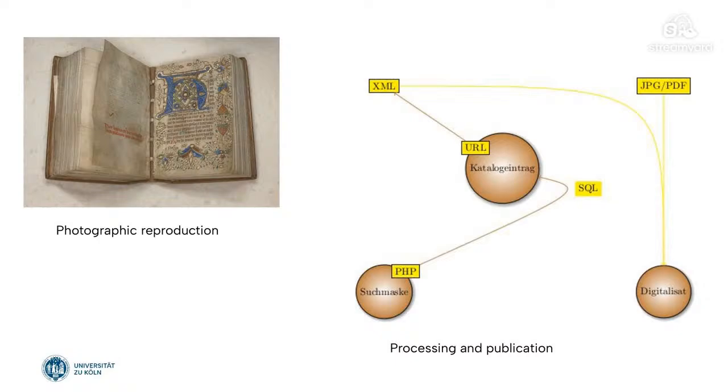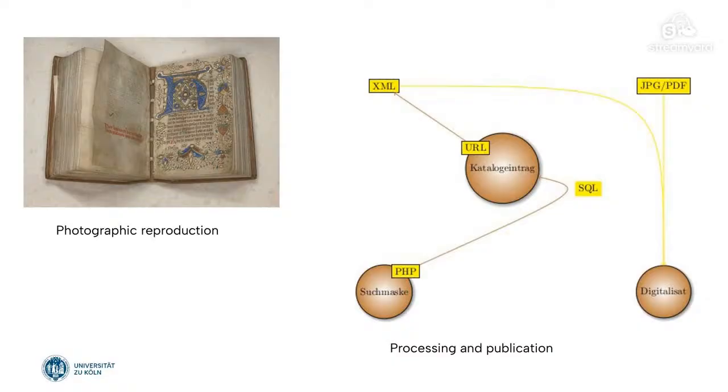If we want to turn the library into a virtual or digital library, we need to do a photographic reproduction of the books. And then we need to do some processing and publication. So we have the catalog entry and we have the digital photograph, and we might have a search interface.